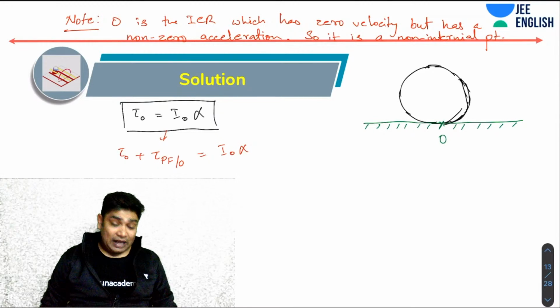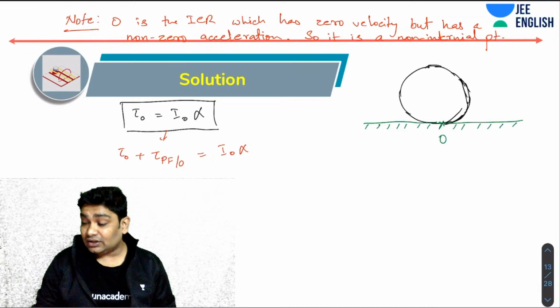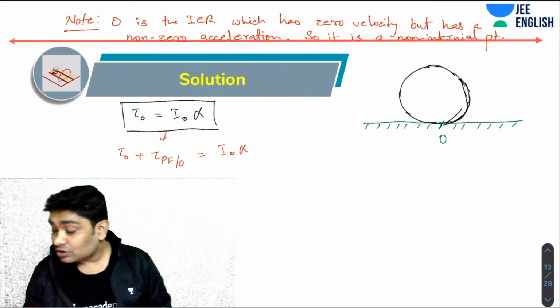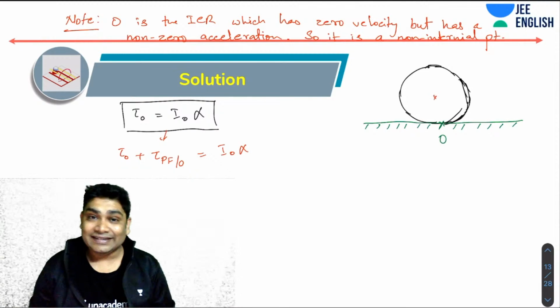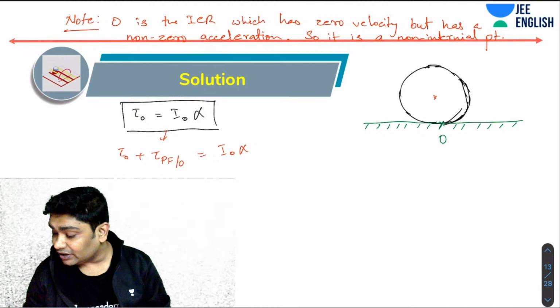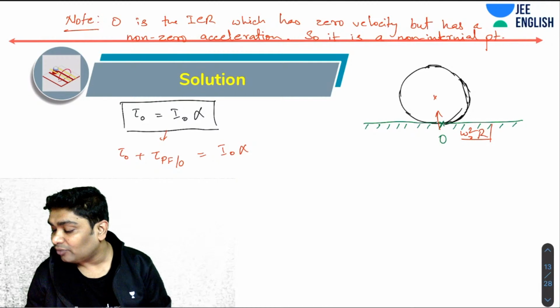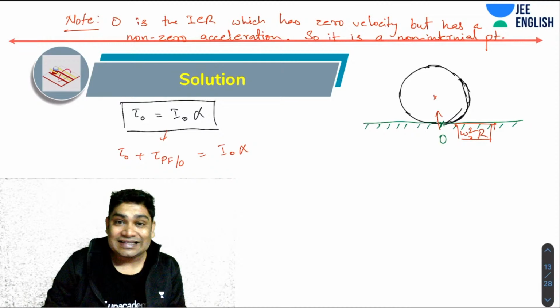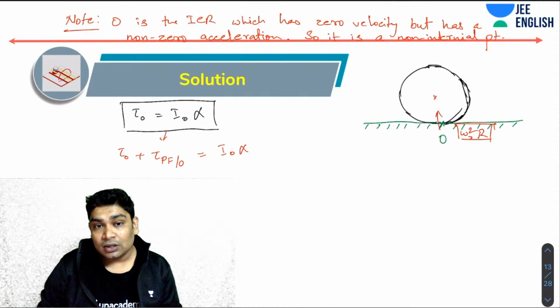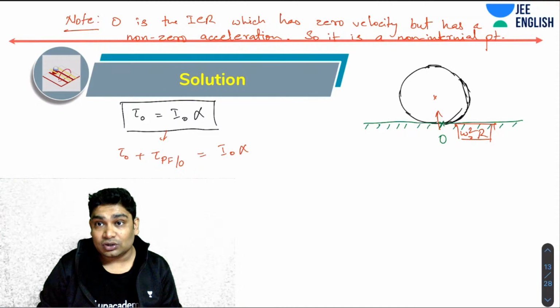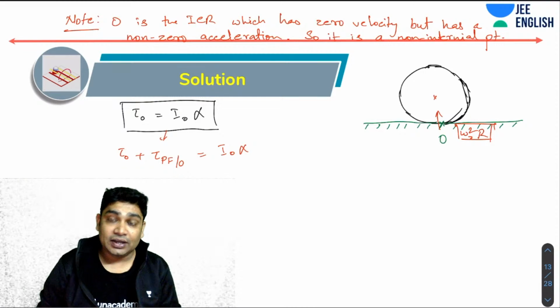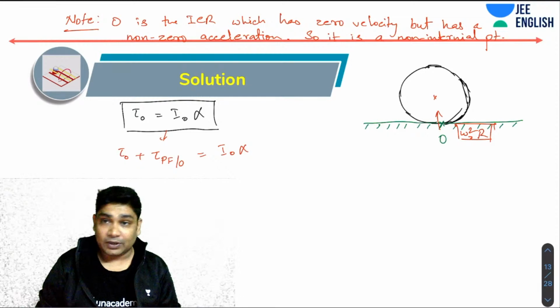Now, usually if the body is symmetric like this, the center of mass is here, and the acceleration of this point is omega square r. That is the acceleration of point O. It has a centripetal acceleration with respect to the CM, and the CM has zero y acceleration, so that will be the acceleration of the ICR with respect to ground.